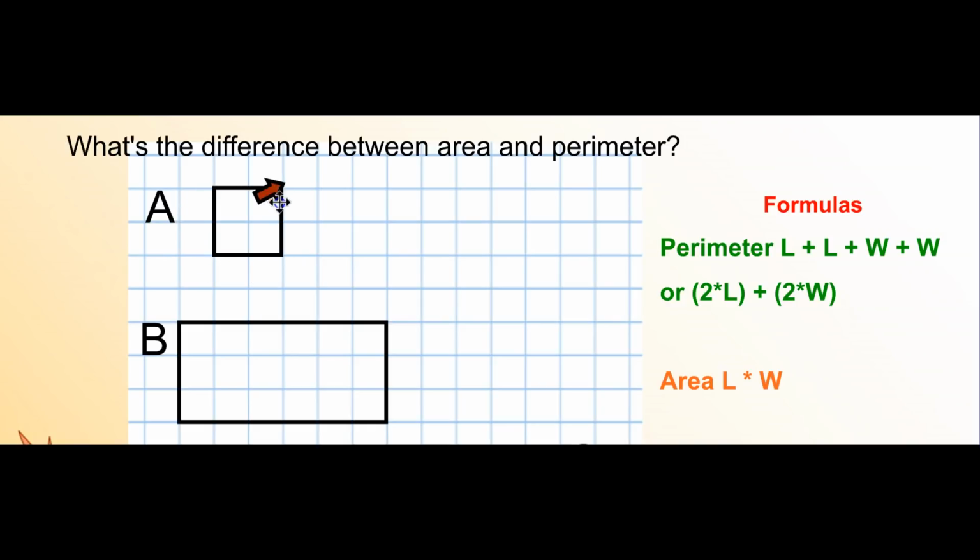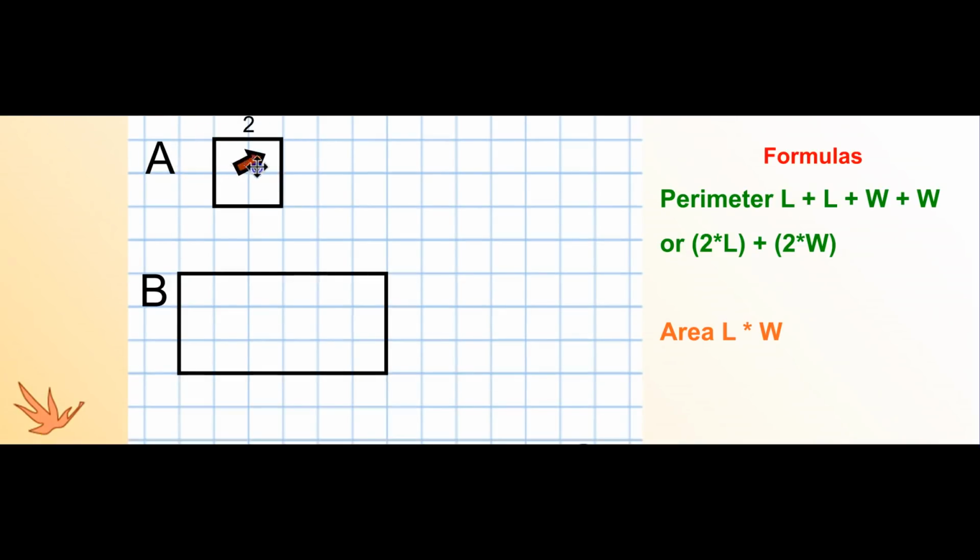What are the measurements here? This is centimeter grid paper, so I know each side of one of my little squares is 1 centimeter. So that means this side is 2 centimeters. This side is 2 centimeters.